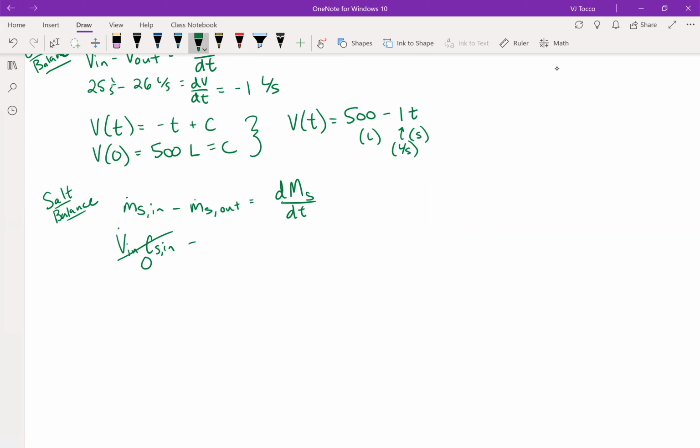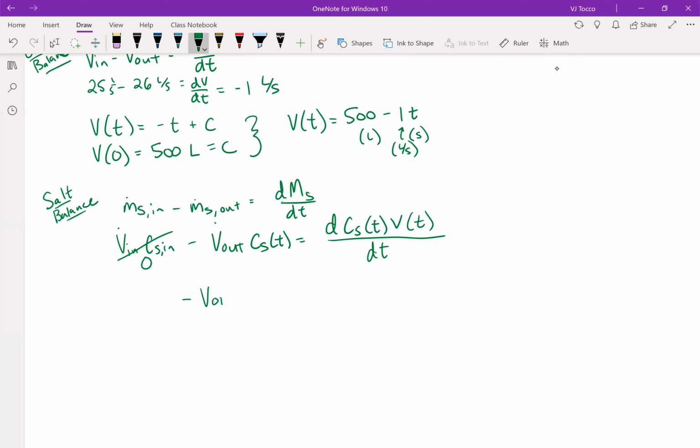So that negates the whole term, minus V out times CS of t is equal to, now dMS, remember, is d of CS of t times V, except volume is, remember, not constant. So d/dt of that. And now it's complicated because I can't pull this V out of the differential term. So I have to expand this with the product rule.